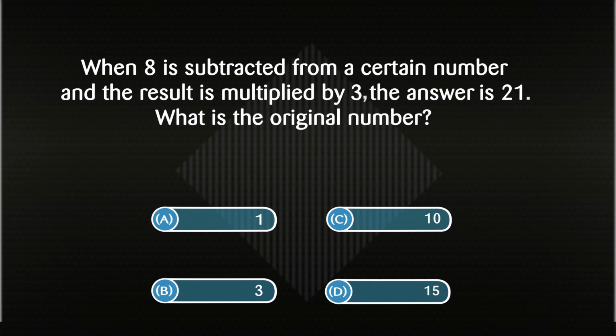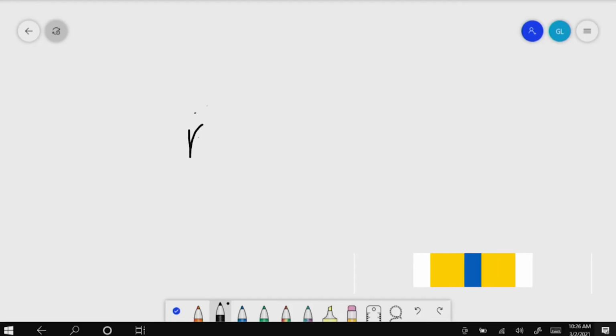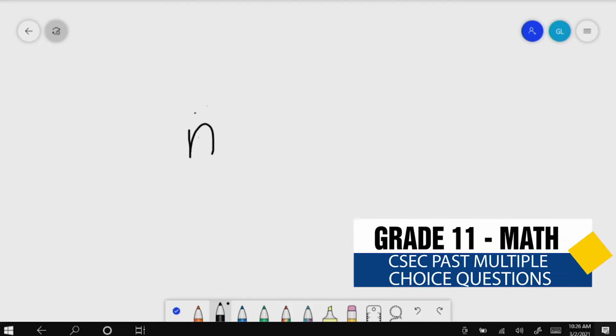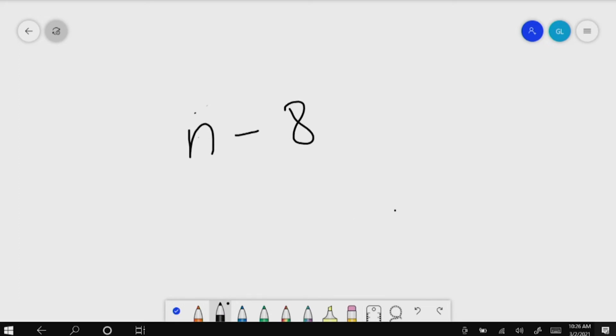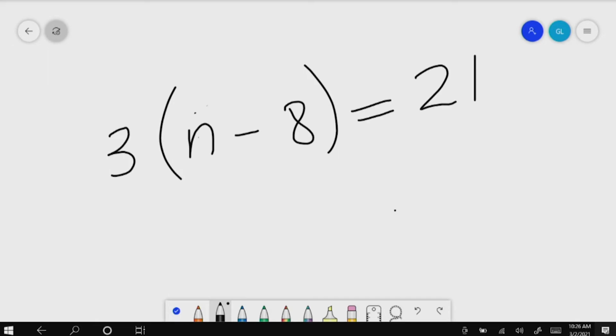If we have a number, let us call this number n, and when we subtract 8 from this number, and the result we multiply by 3, this answer is equal to 21. What is this original number?